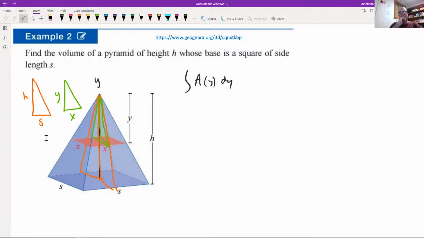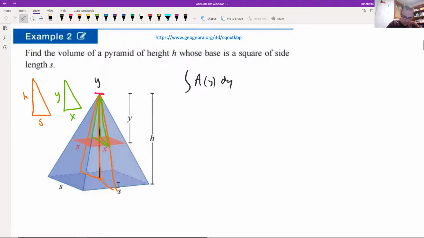So this is weird, but how I'm going to interpret this is like this is our initial y value, and if the y distance was all the way up there, we would be at y0, like y is equal to 0, and then y is going to keep getting bigger and bigger and get eventually to h once it reaches the bottom of this pyramid. So I'm going to start up top and then integrate down is the way that I'm feeling this.